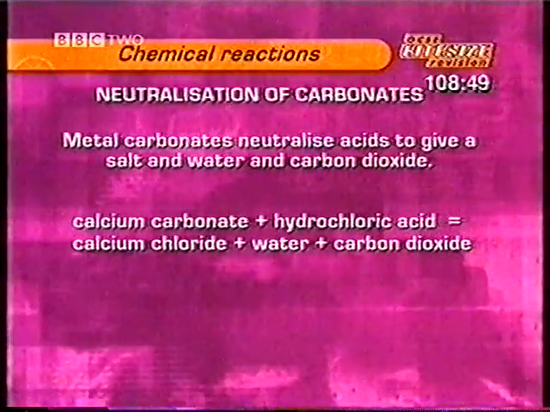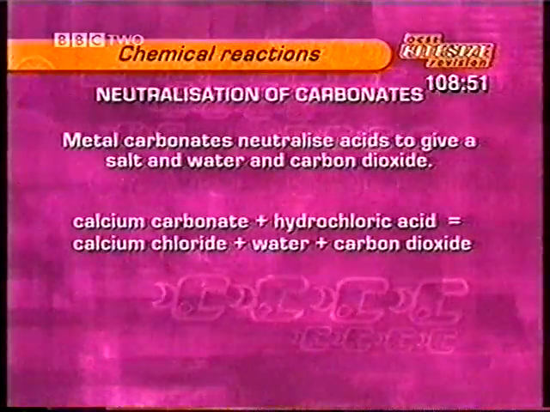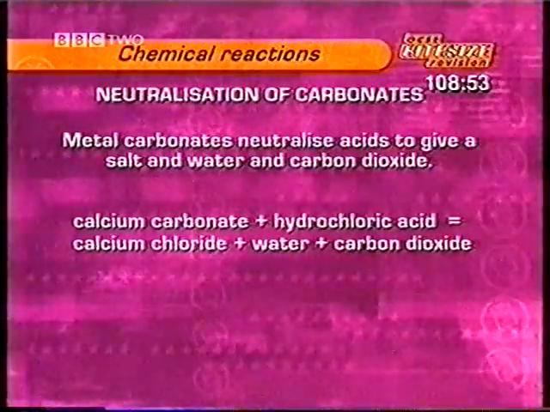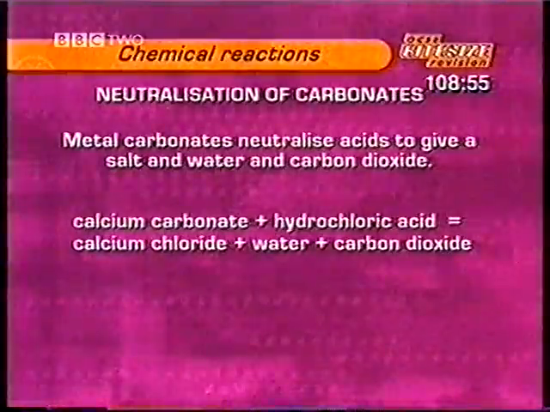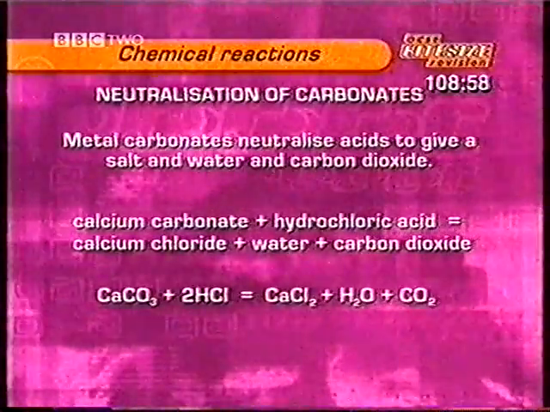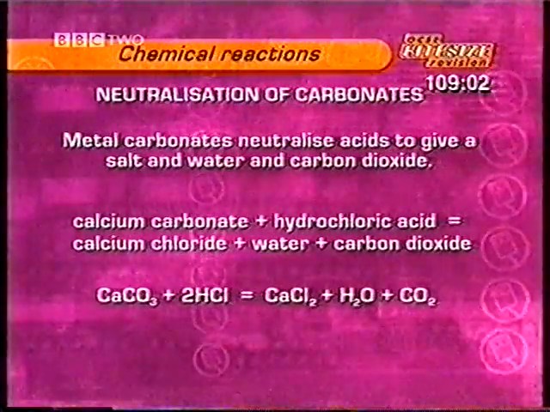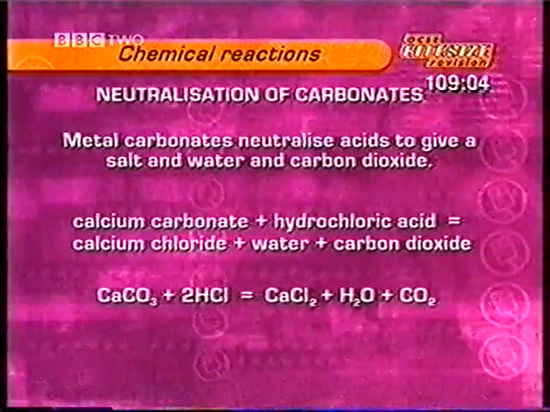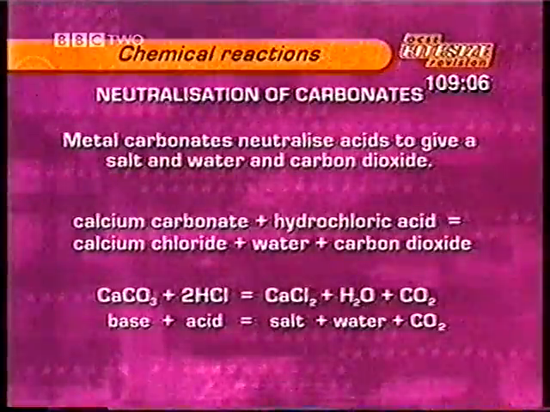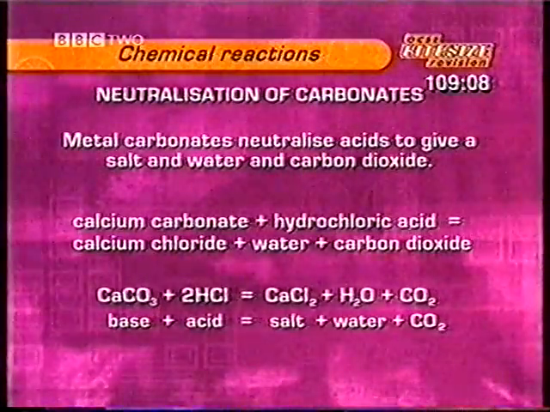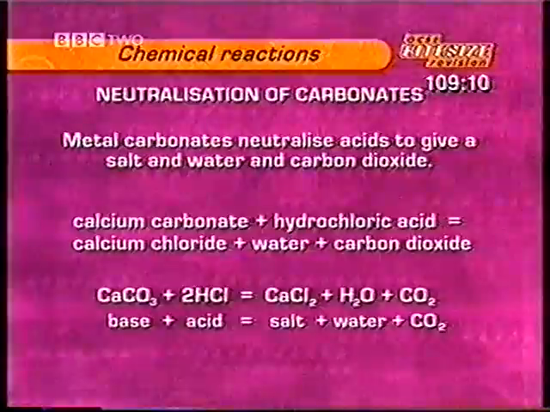For example, calcium carbonate and hydrochloric acid gives calcium chloride plus water plus carbon dioxide. CaCO3 plus 2HCl gives CaCl2 plus H2O plus CO2. That's base plus acid gives salt plus water plus carbon dioxide.